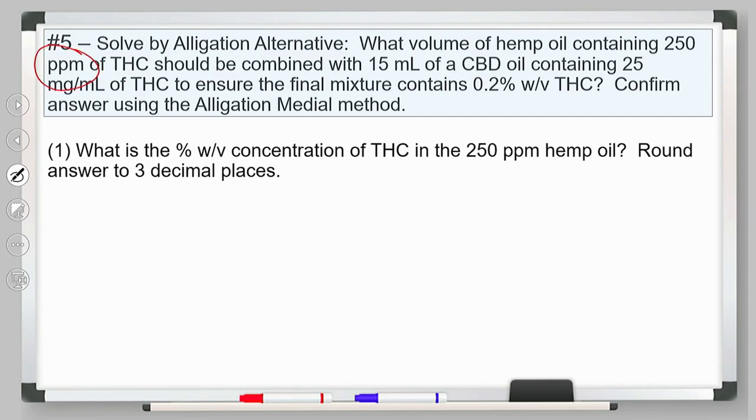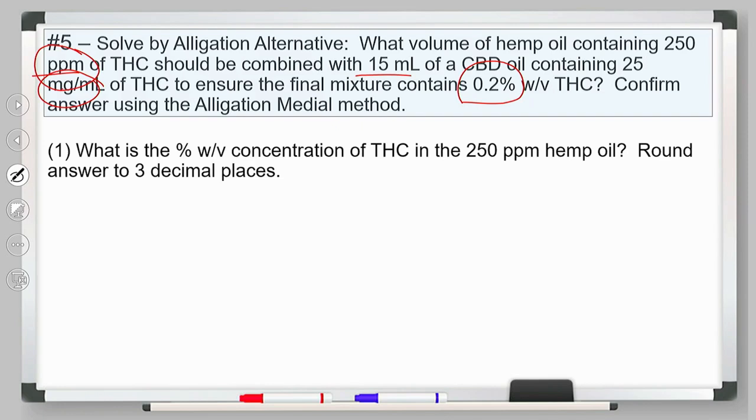So here's, as evil as they come: what volume of hemp oil, at 250 parts per million, should be mixed with 15 milliliters of a CBD oil containing 25 milligrams per mil, such that in the end we get a 0.2% concentration? I've given you three different concentrations: parts per million, milligrams per mil, and percent.